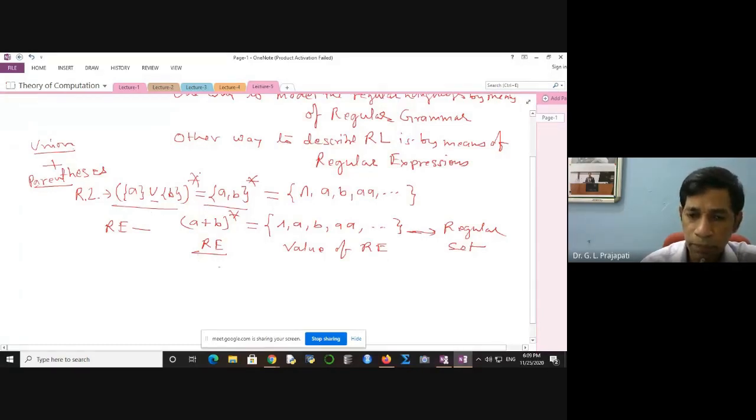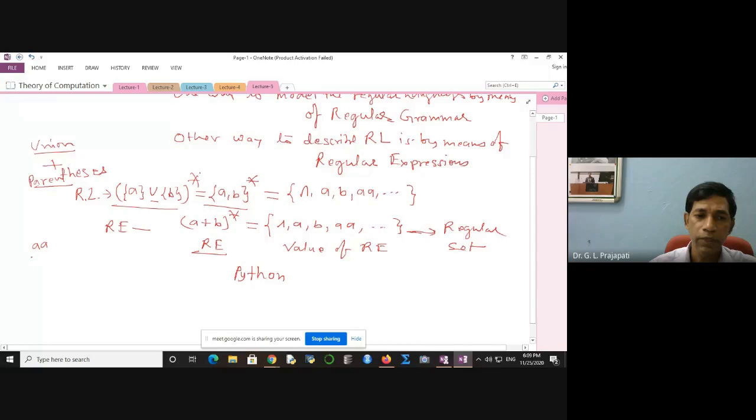You can write very simple regular expressions. Like you can say Python, assuming that P, Y, T, H, O, N are in the alphabet. So Python is also a sequence of symbols. And if you consider the alphabet a, b, then you can say a.